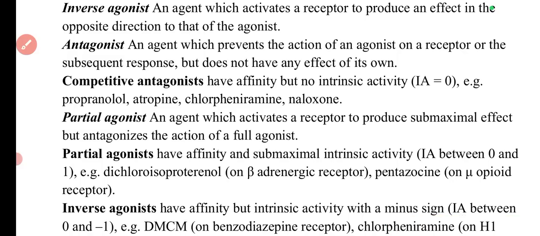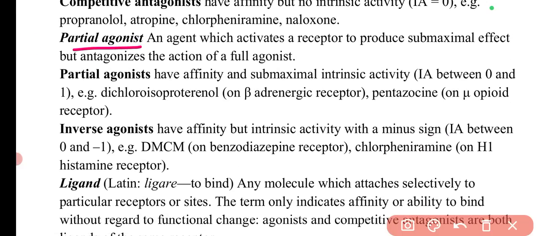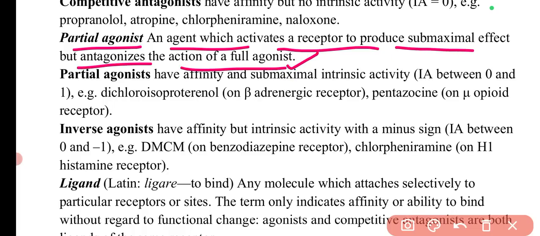Then the next definition is partial agonist. Partial agonist is basically an agent which activates a receptor to produce some submaximal effect but antagonizes the action of full agonist. Means it will produce some effect but it will not produce a complete effect, and it will antagonize the action of the full agonist.